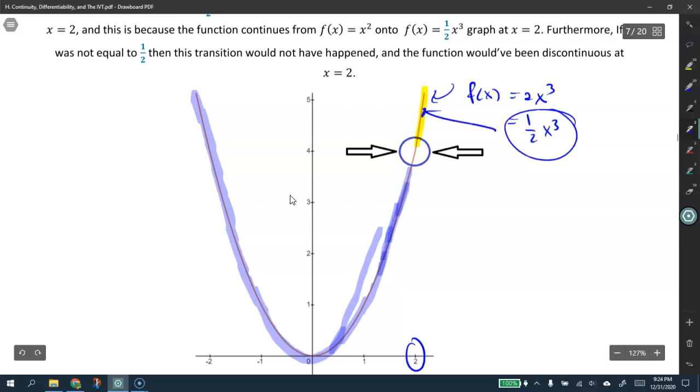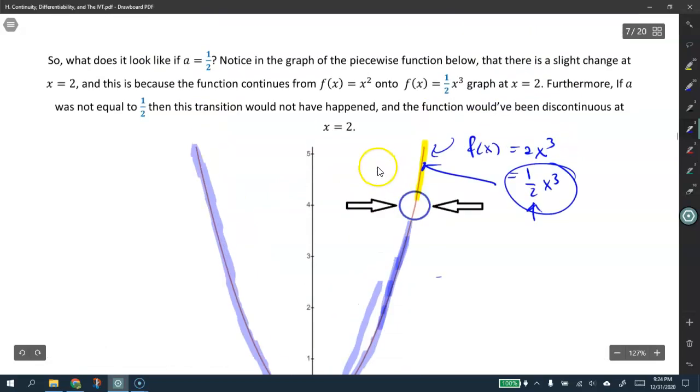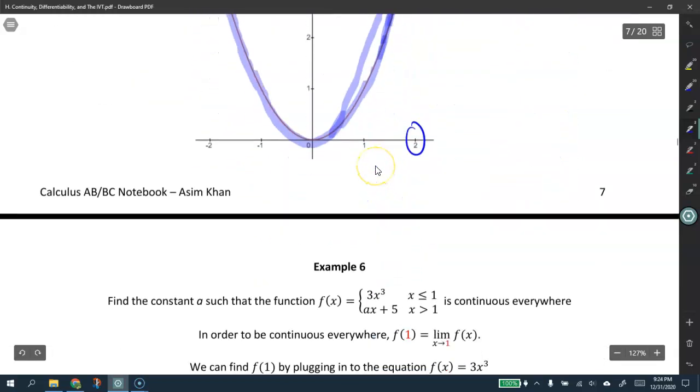And notice at the point where I've got 2 arrows, you can barely tell that there is any kind of problem in that graph. It looks like a very connected graph. So that's all the question was saying: what should we make the value of a such that the two graphs would actually connect?